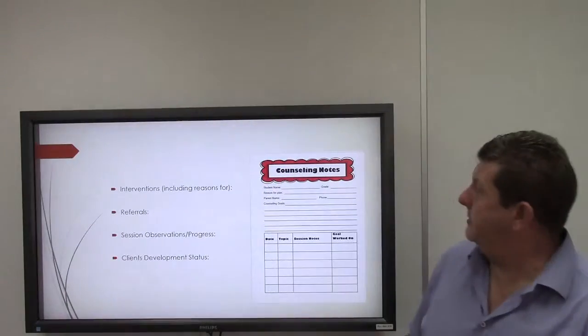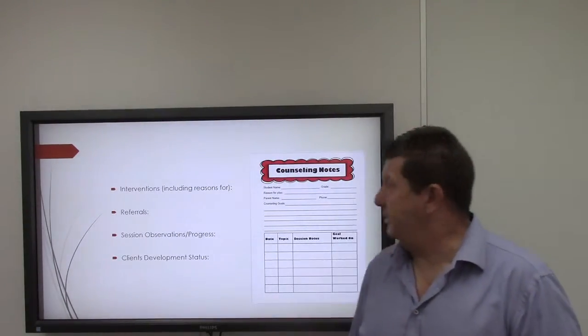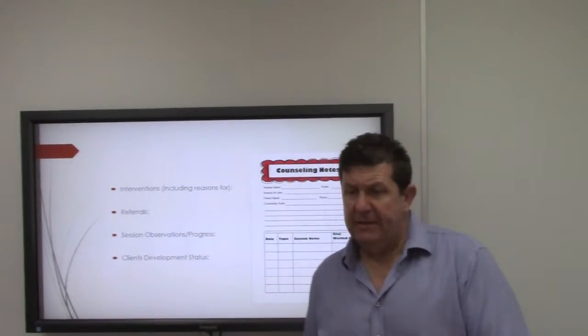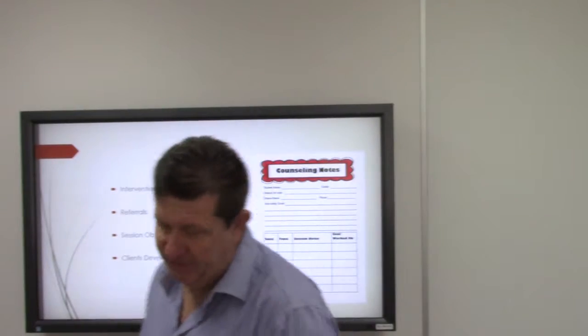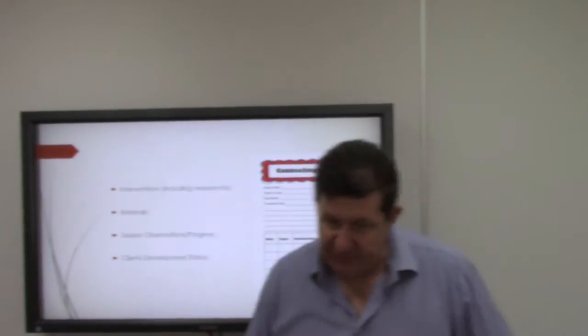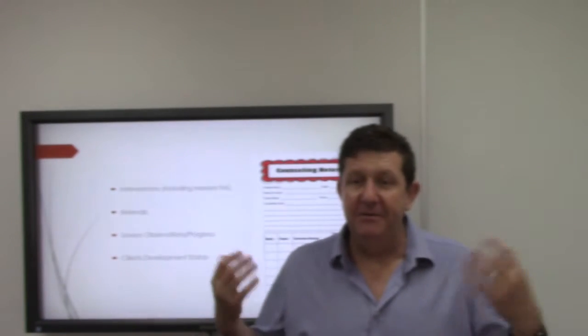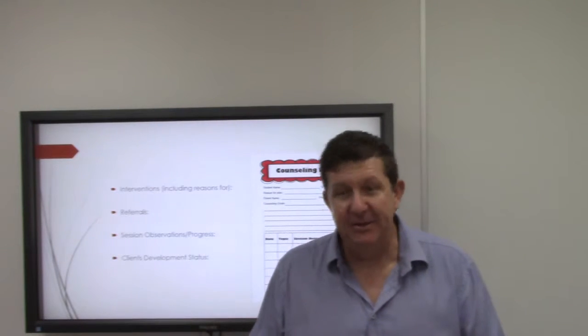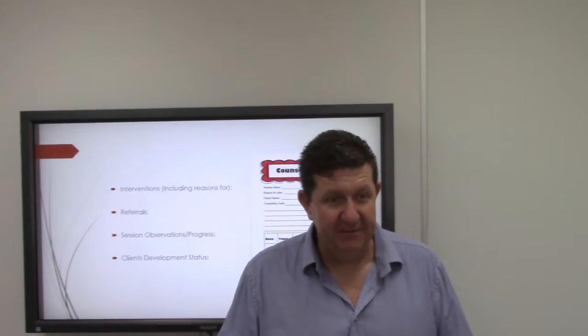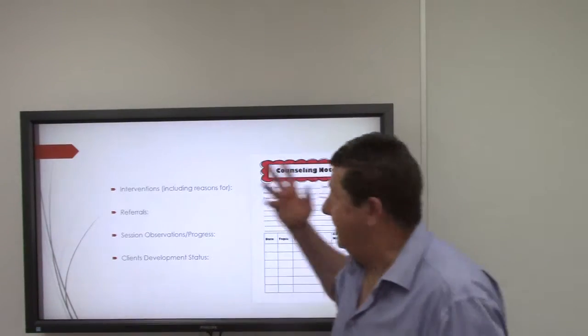Then the next part would be interventions, including reasons for. When we talk about intervention, the first thing we think about is the TV program intervention, people sitting around, and you're an alcoholic and you have to go into the bus today and go to rehab today, otherwise we're never going to speak to you again and we don't love you anymore, that sort of stuff. You know, the TV show, that's intervention. No, not in this case.